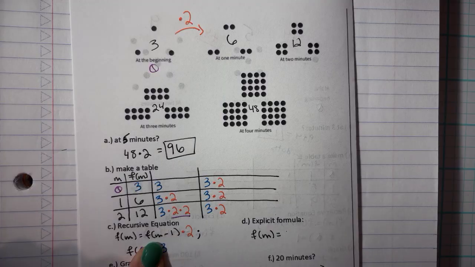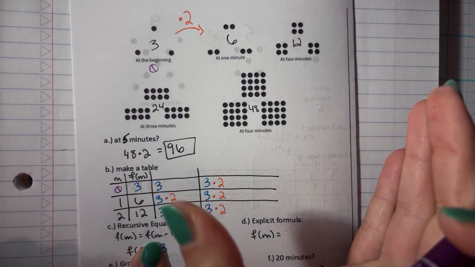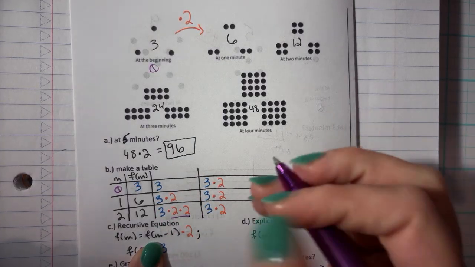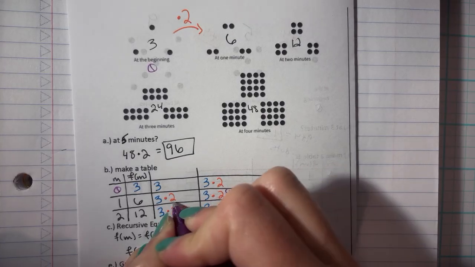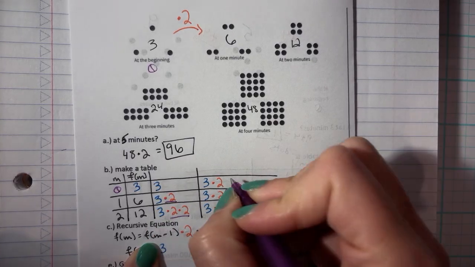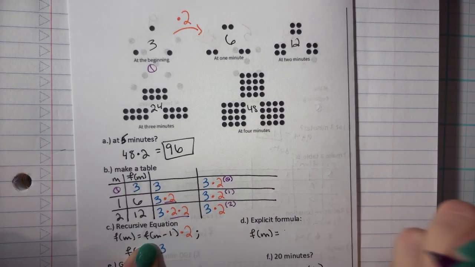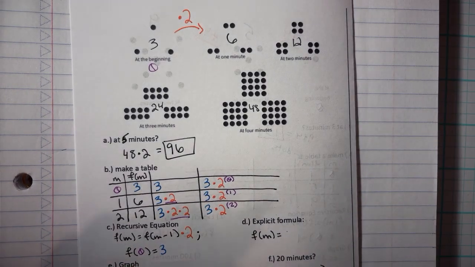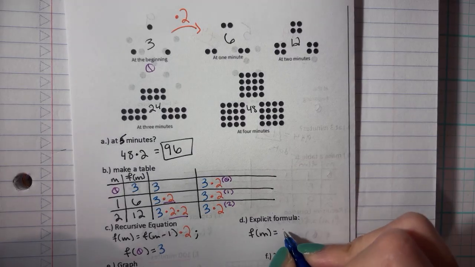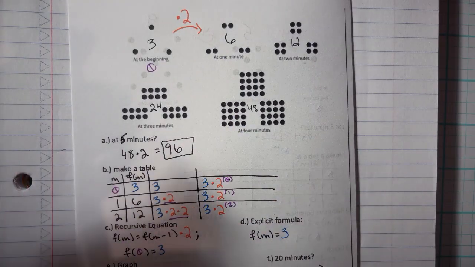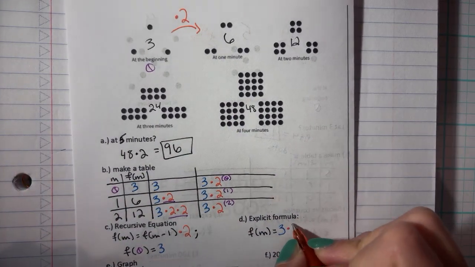Now, because we're multiplying, if we want to take a big thing of multiplying and shrink it, we use our exponents. This one is going to be a 1 because we multiplied by 2 once. This one's going to be a 0 because we multiplied by 2 no times. So my equation for the explicit is going to be 3 times 2.